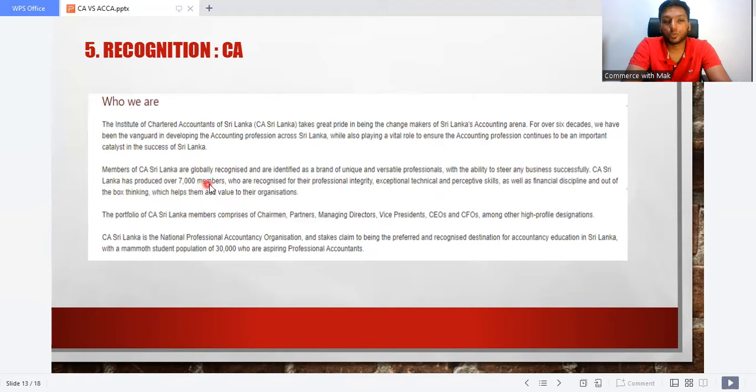CA Sri Lanka has produced over 7,000 members who are recognized for their professional integrity, exceptional technical and perceptive skills, as well as financial discipline and out-of-the-box thinking, which helps them add value to their organizations. The portfolio of CA Sri Lanka members comprises chairmen, partners, managing directors, vice presidents, CEOs, and CFOs, among other high-profile designations.